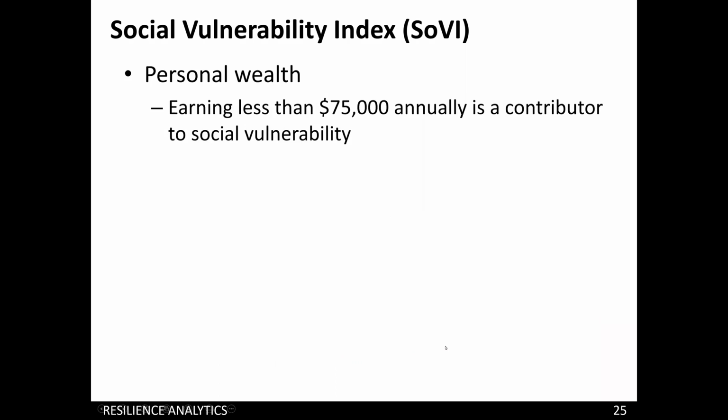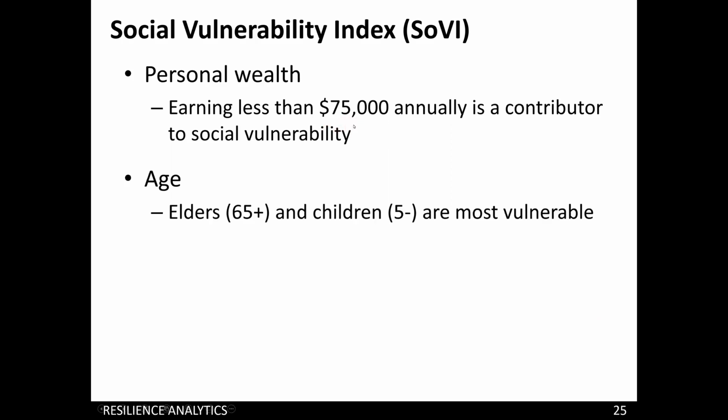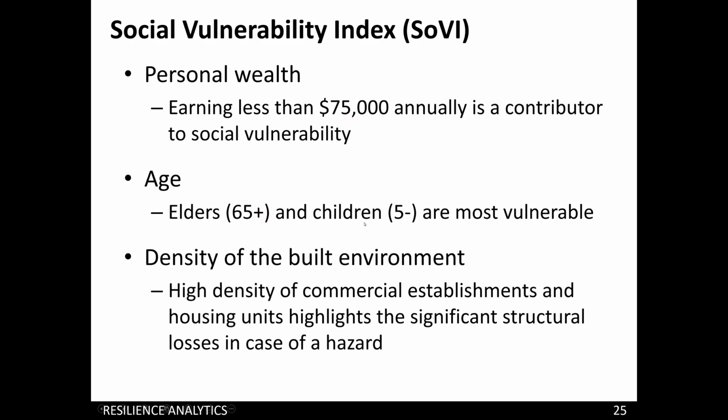And so those ended up being personal wealth, which is just an indicator variable, earning less than $75,000, as a contributor to social vulnerability. Age, especially old, especially young. Density of the built environment where the community is located.